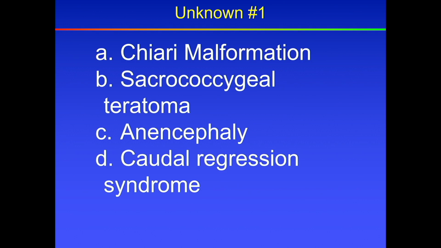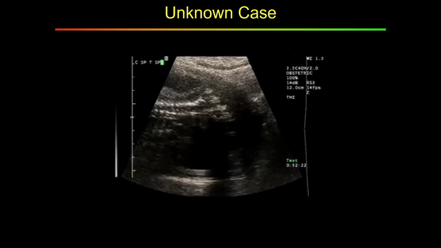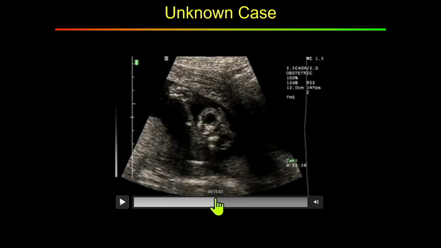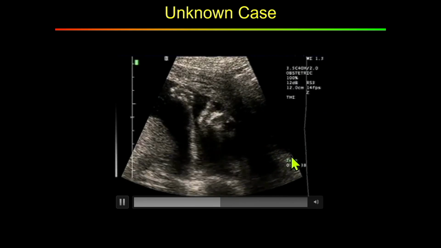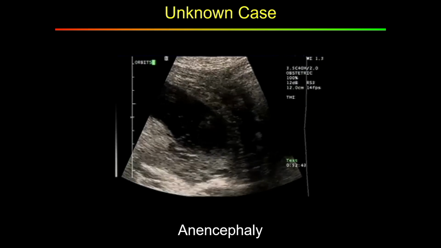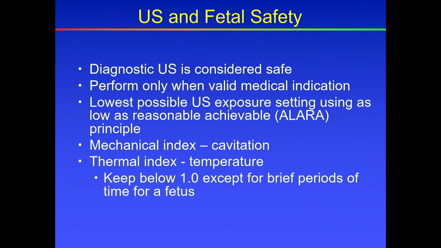Chiari, sacrococcygeal teratoma, anencephaly, or caudal regression. So just to look again here, see no structures above the level of the eyes there, the so-called frog, I think that's a harsh term, but frog face view, something that shows us anencephaly. Okay, so there's that nice unknown warm-up case.